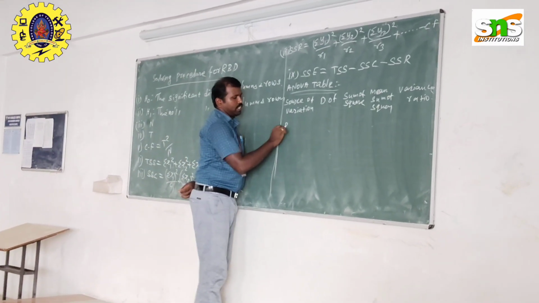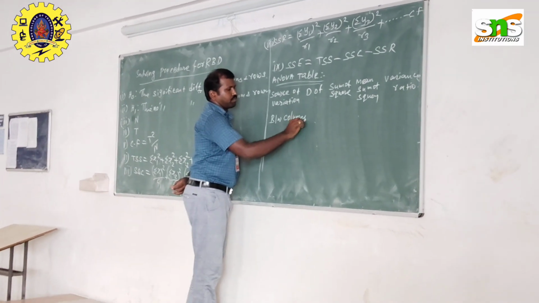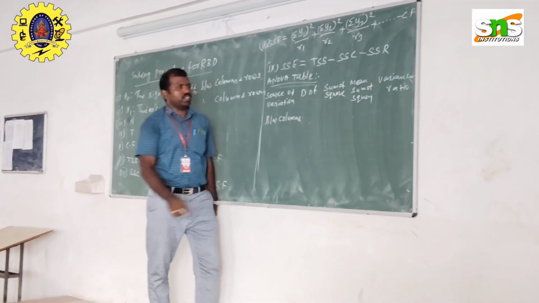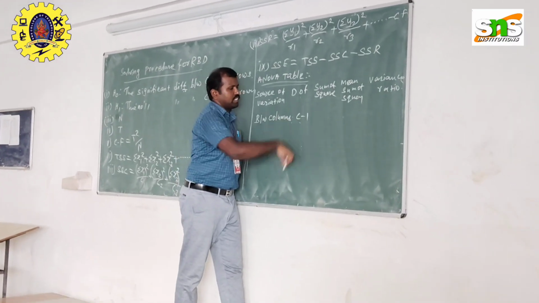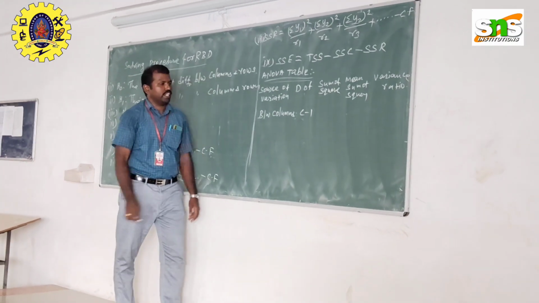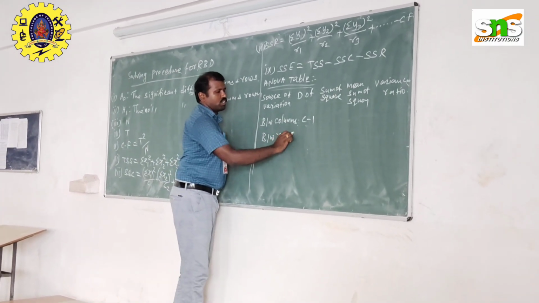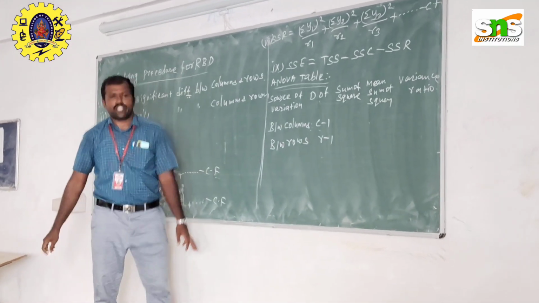Source of variation: the first one is between columns. DOF means the degrees of freedom. Between columns, degrees of freedom is C minus 1. Next one is between rows, degrees of freedom is R minus 1.